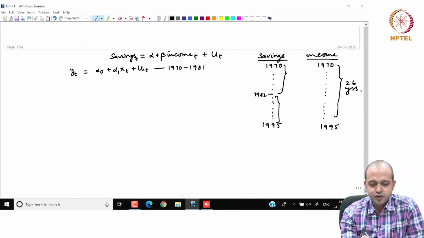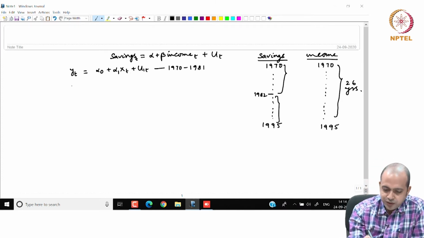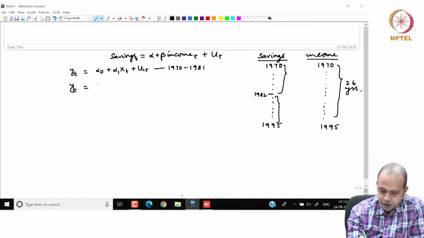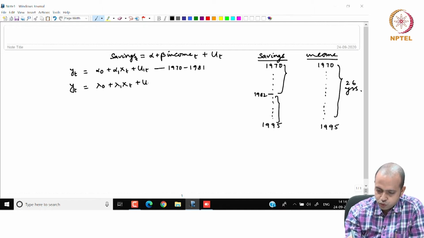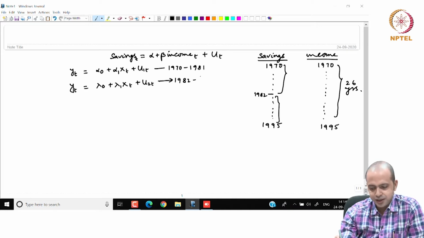Y denotes savings and X denotes income. Then we will have another regression, Y t equals, let us say, lambda 0 plus lambda 1 x t plus u 2 t. This is for the period 1982 to 1995.